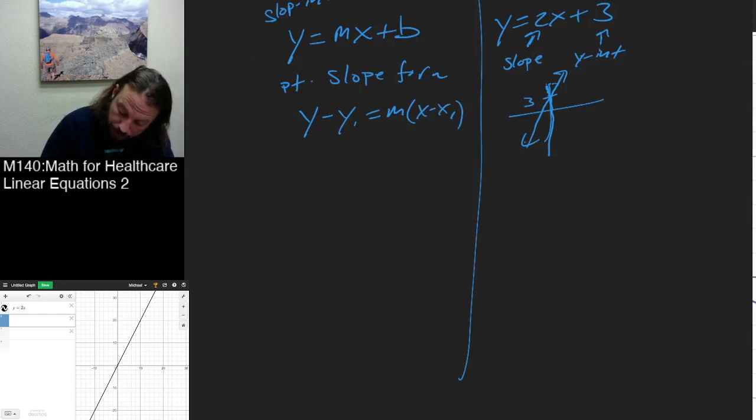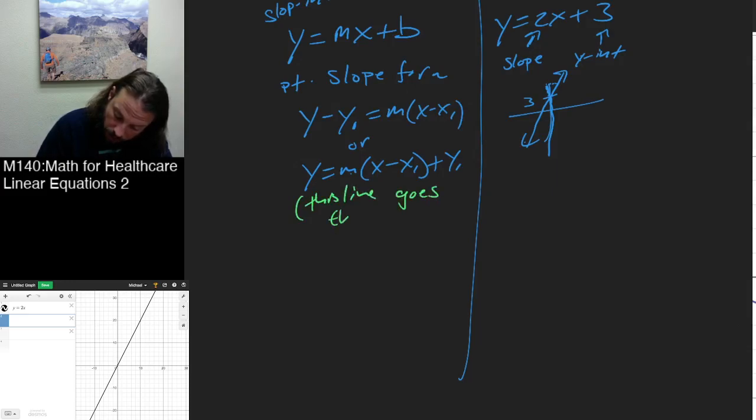And another form of that is y equals m times x minus x1 plus y1, where we note that this line goes through the point (x1, y1) and has slope m.